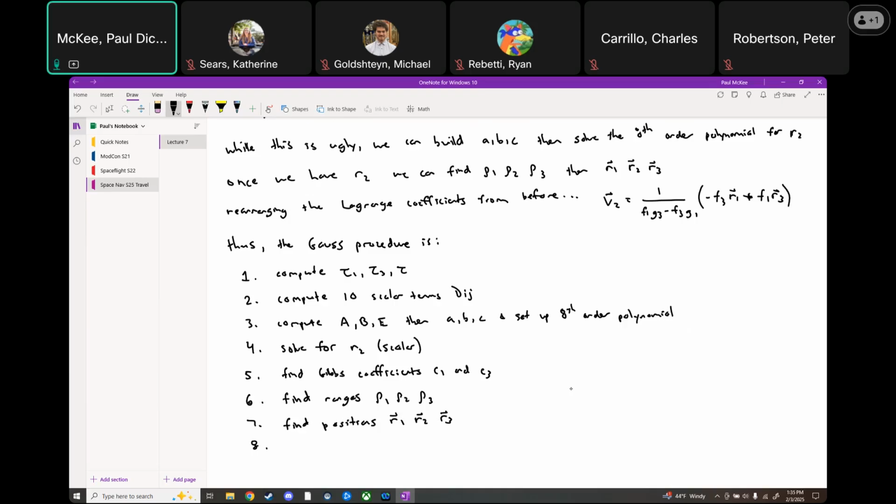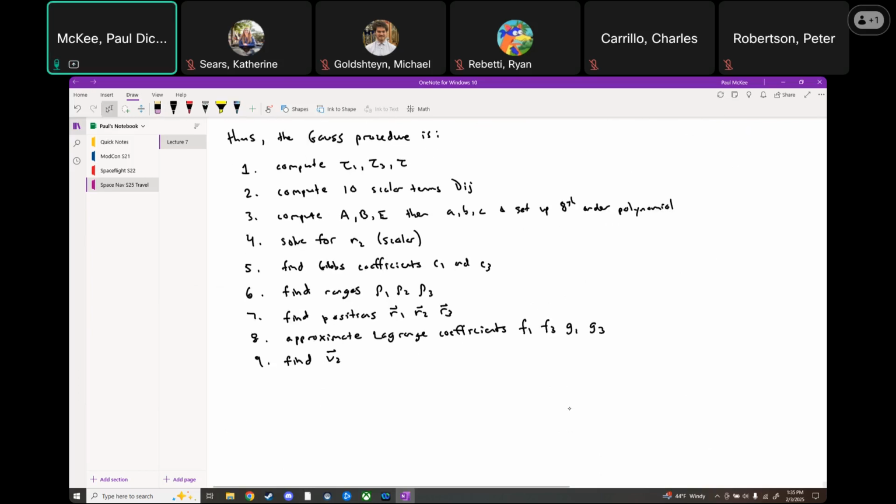Step 8 is approximate the Lagrange coefficients. F1, F3, G1, G3. Step 9 is find the velocity corresponding to the second position.